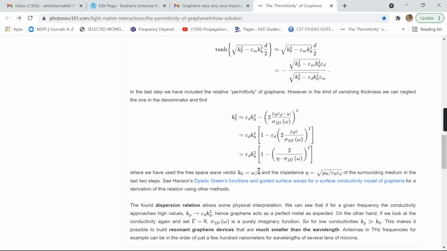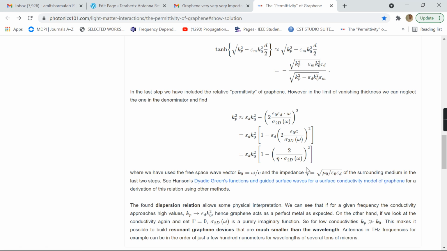This is the free space wave vector, while kp is the surface plasmon polariton wave vector. Here eta is the impedance, taken as the square root of mu naught by epsilon 0 epsilon d of the surrounding medium in the last two steps. Here epsilon d is the permittivity of the material just below graphene, and epsilon 0 is the permittivity of air just above the graphene.